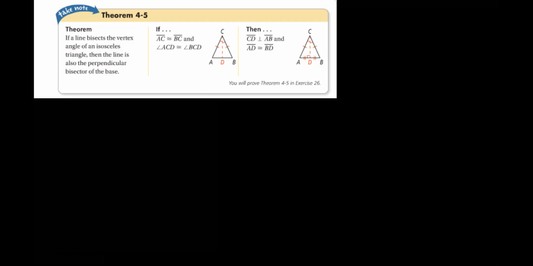Okay, this is exercise number 26 in your book, page 255.